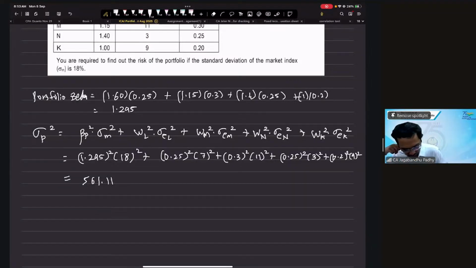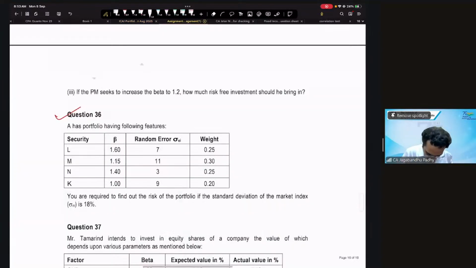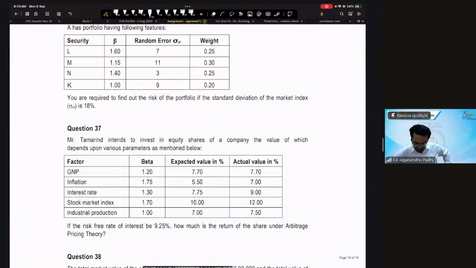Done, everyone? Variance of portfolio 561.11, guys. Okay, fine. So that was this particular question.